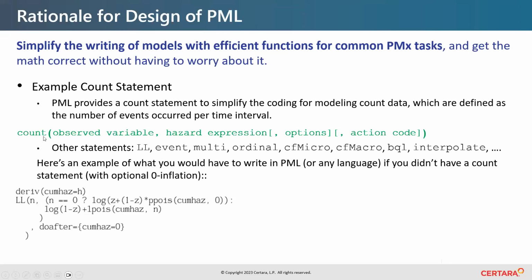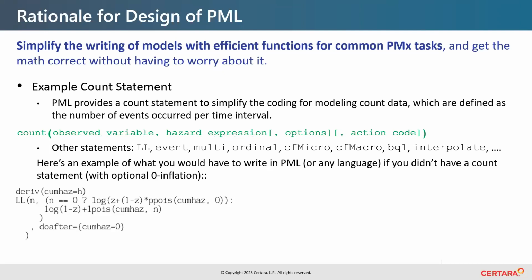And a count means you observe a variable and there's a hazard expression. Suppose you on average have one headache per day. That's 24 time units, so the hazard expression would be 1/24.